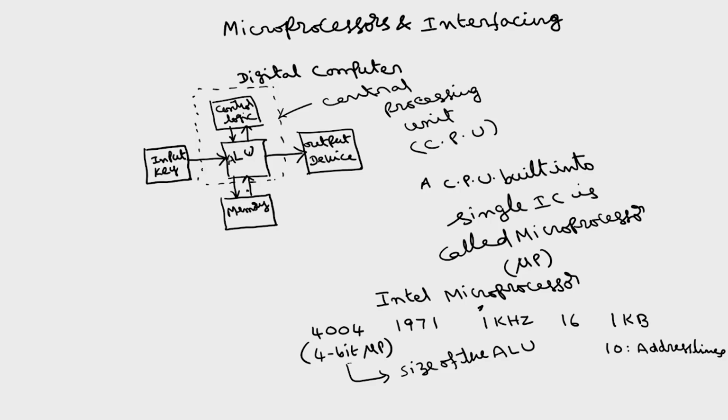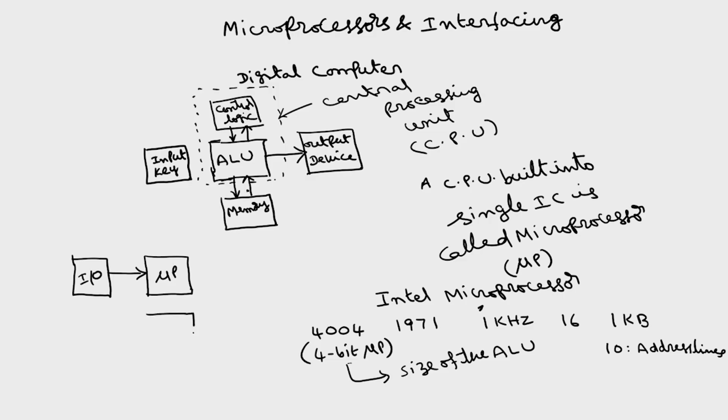The relation between the number of address lines and the memory capacity is the maximum memory that can be connected to the microprocessor, because the memory is outside the microprocessor. If you take the simplified block diagram, this is the input device, we can call this I/O in a single block. Then this is the microprocessor, the combination of ALU and control logic.